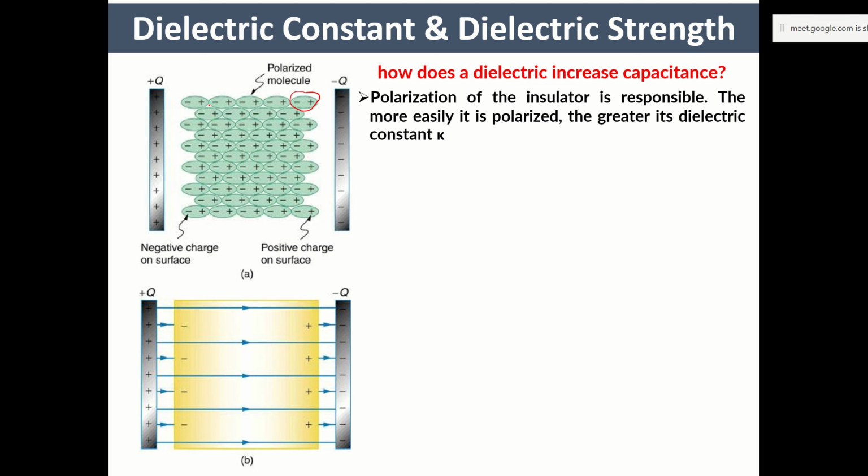You can see plus minus plus minus. So it will be oriented in such a way that the positive end of the dipole is facing the negative plate, and negative ends of the dipoles are arranged on this side, facing the positive plate. So this is the dielectric that we are talking about.